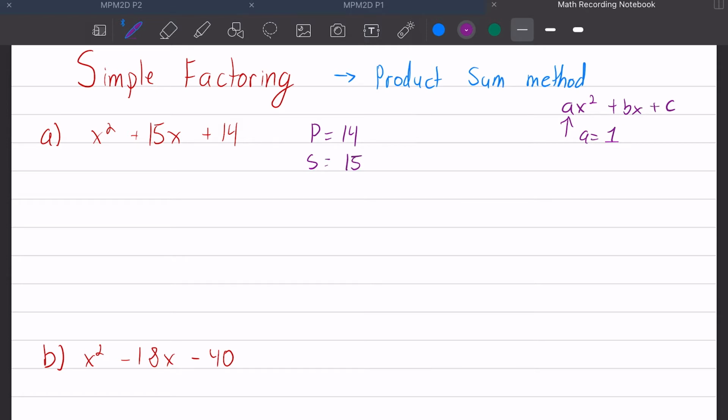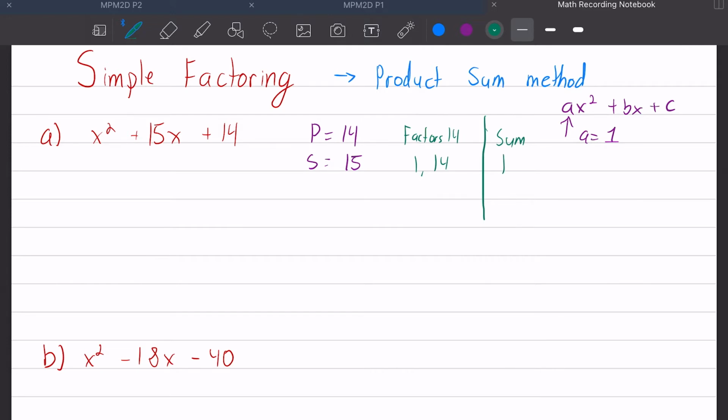We're trying to find two numbers that multiply to 14 but add to 15. So we can start off by listing factors of 14 and our sum. Factors of 14 are 1 and 14.